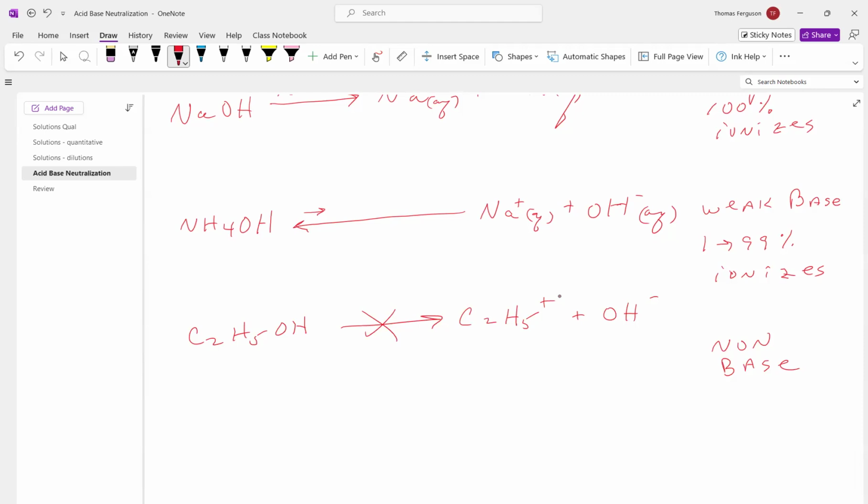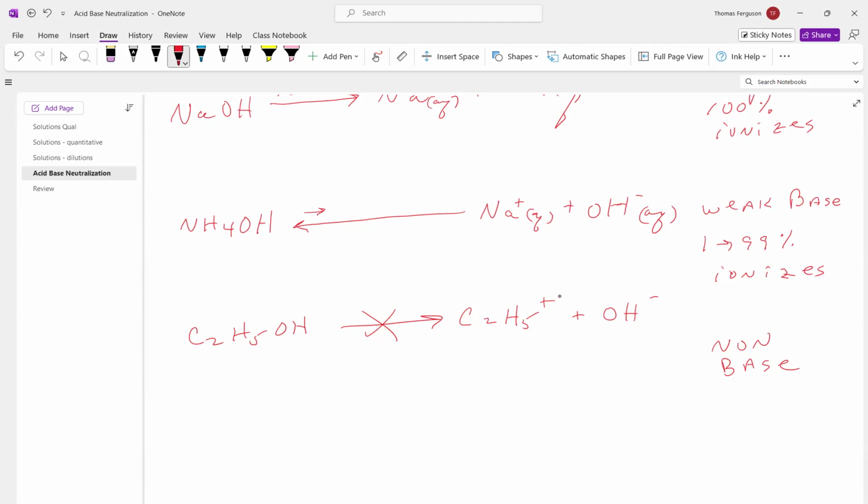And that instability is what makes it a non-base. If what you're trying to produce is something very unstable, it's not going to happen. With sodium hydroxide, compared to what is made, it is horrendously unstable. That's why it wants to do that. It's very happy in a water environment. Then you have everything in between, the weak bases.